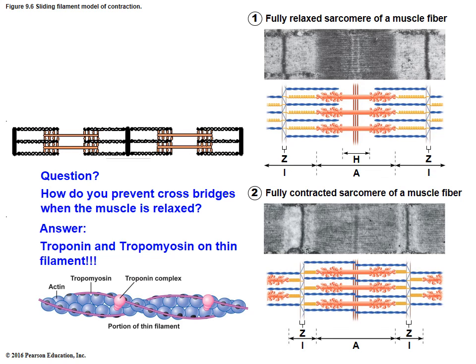And the protein that's going to be able to slide the tropomyosin out of the way is going to be troponin. So they have to work together, and we'll talk in our next presentation about what exactly it takes to get the troponin to move the tropomyosin so that the head of the myosin can bind with the active site on your actin or your thin filament.